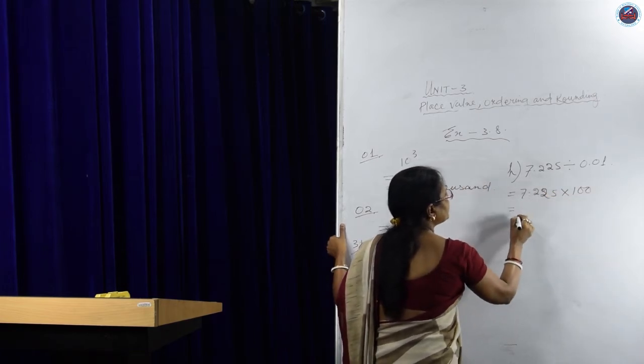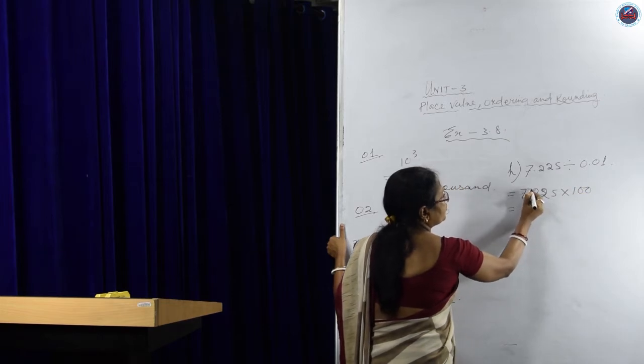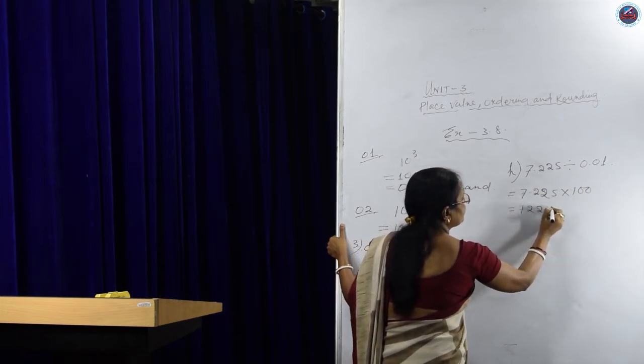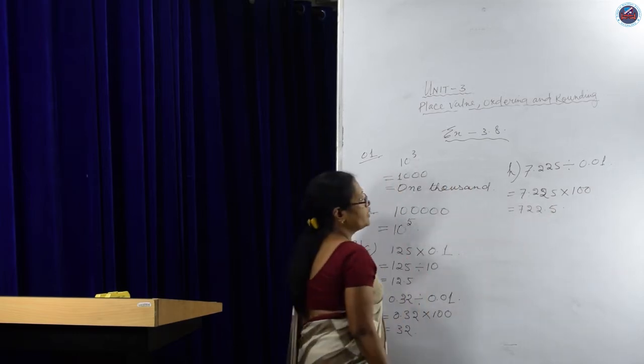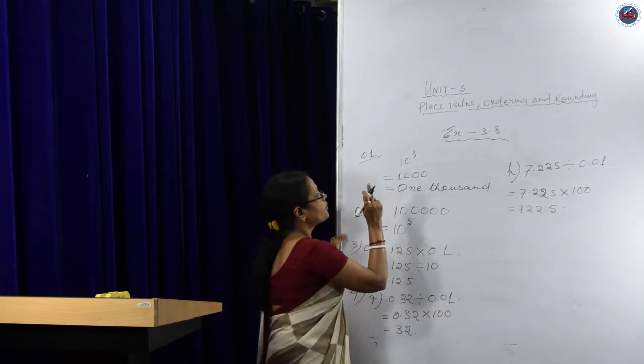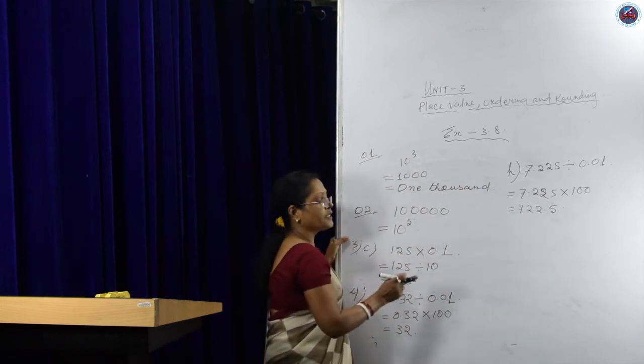So when you multiply it by 100, since there are two zeros, you have to shift your decimal two places right, then it becomes 722.5.